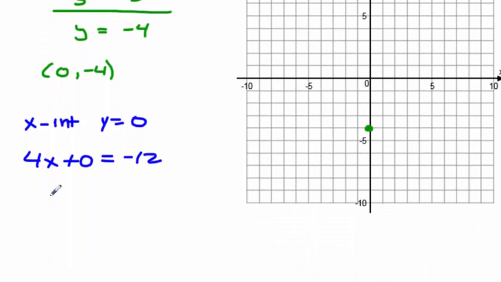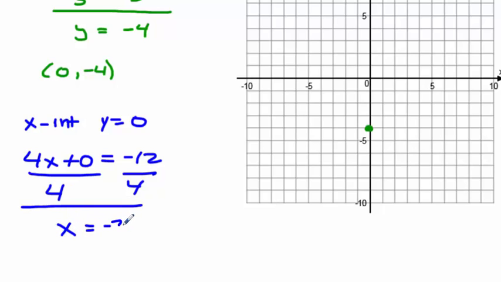And then we're going to solve for x, since 4x plus 0 is really just 4x, by dividing both sides by 4. That's going to leave us with x equals -3. And remember that that is really the ordered pair (-3, 0), because 0 is the y value. So we'll go ahead and plot (-3, 0).